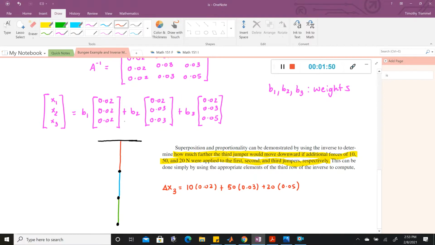So this is telling us how much more bungee jumper 3 will be displaced based on this increase in B1. B2 times this number is going to give us how much bungee jumper 3 is going to be displaced by this change in force with the second bungee jumper.